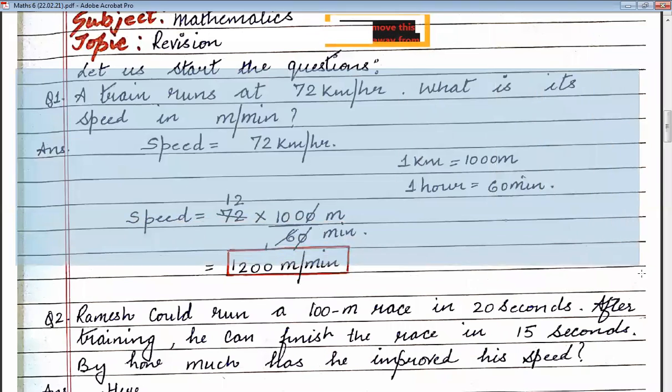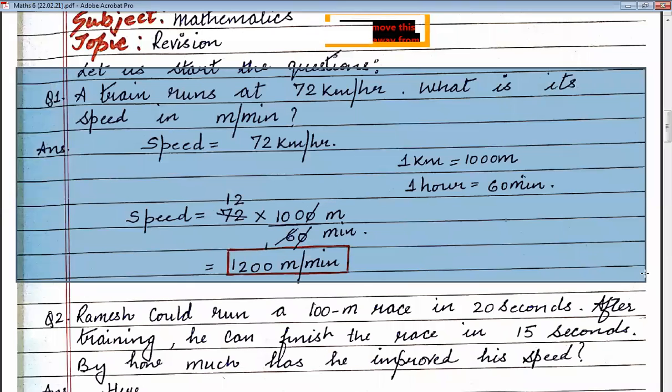Now the first one is, a train runs at 72 kilometer per hour. What is its speed in meter per minute? Now children, in this question, as you can see that the unit is kilometer per hour, so we are talking about speed.